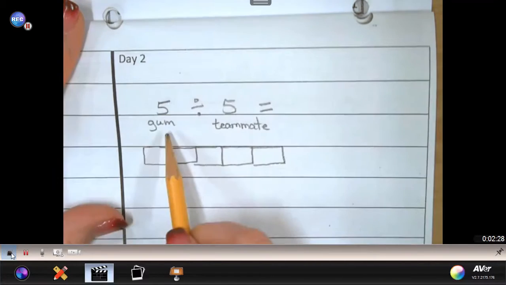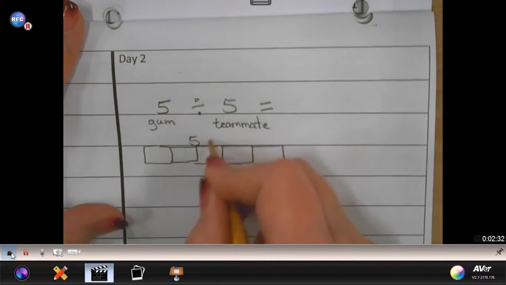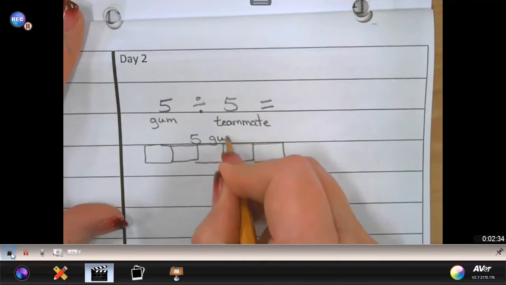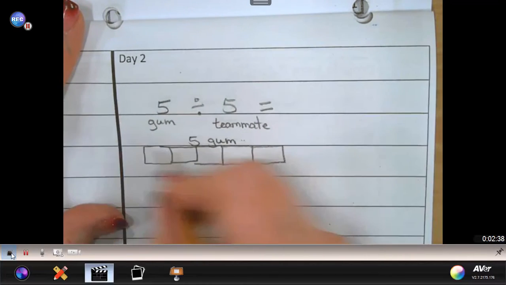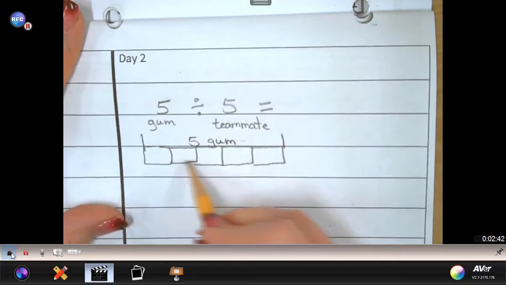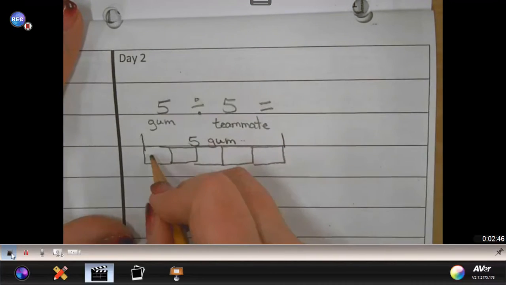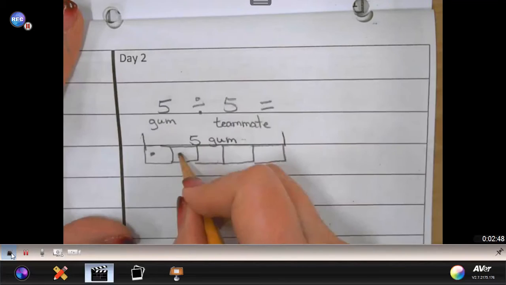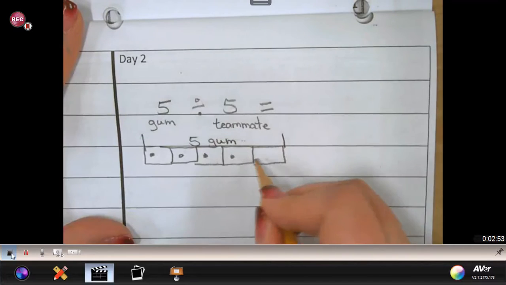Now if I take these 5 pieces of gum, which is my total pieces of gum, then I can share each of those with a teammate. So if I start sharing, this person gets a piece of gum, this person gets a piece of gum, this person gets a piece of gum, and a piece of gum.